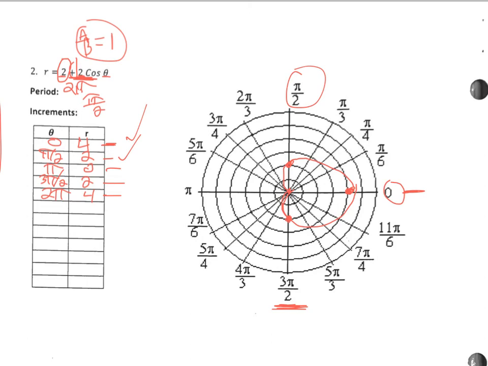Other thing I'll say, if I were to change this cosine to sine, then it would be a vertical looking heart. If I were to change this plus to a minus, it would flip over the y-axis.